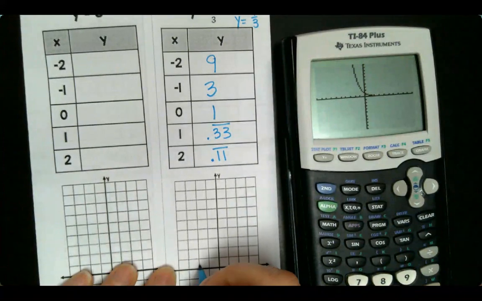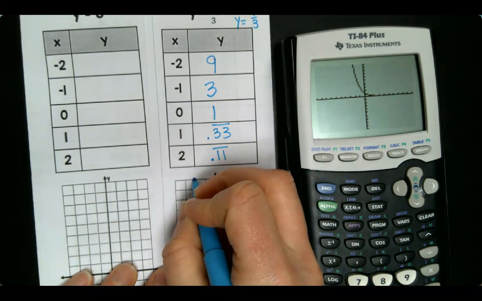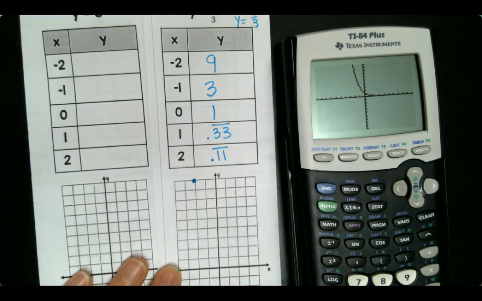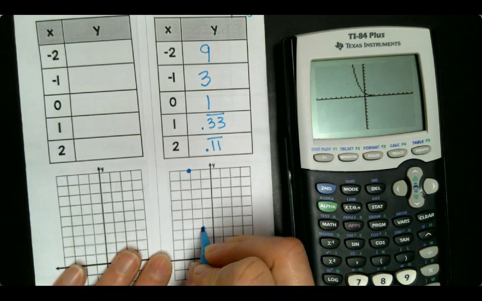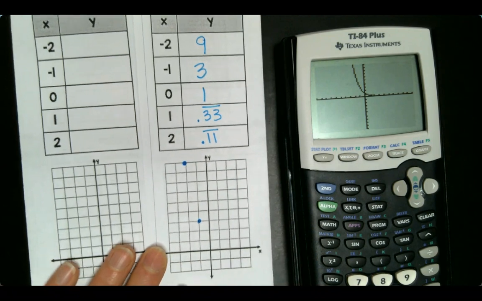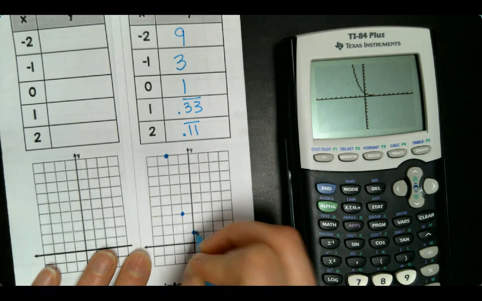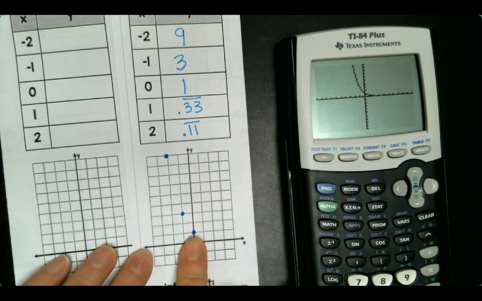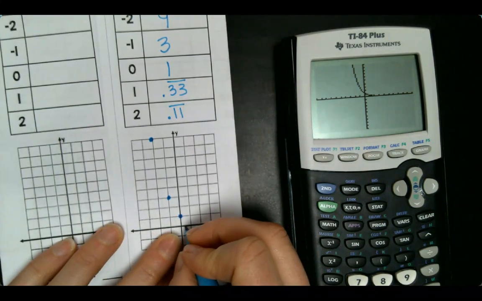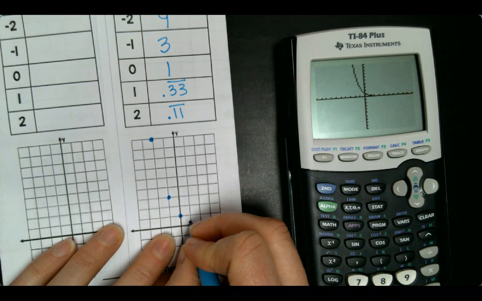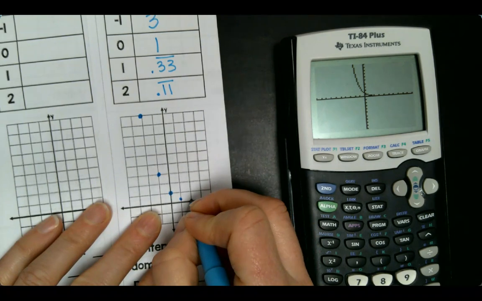So we're going to go over to -2 and up 1, 2, 3, 4, 5, 6, 7, 8, 9. -1, 3, 0, 1. That's your initial amount, your y-intercept. And then 0.3 repeating. So over 1 and 0.3, so that's less than a half. And then 0.1 repeating.